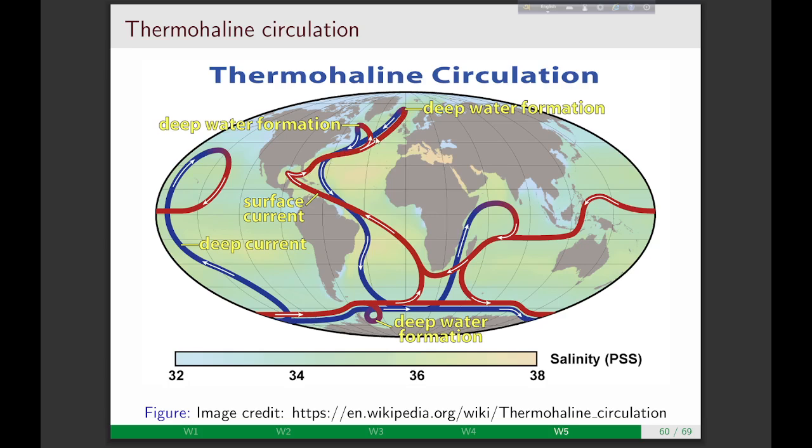Warmer or less salty water is traveling towards the North Pole, but colder and more saline water is coming from the north towards the south. Now, this will continue till the Antarctic region. After that, there is some circular pattern in this region, but that will be divided into different parts because it has to travel somewhere. It cannot be trapped here.